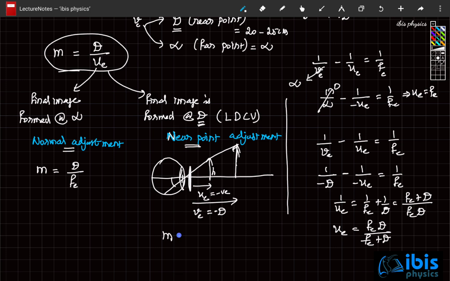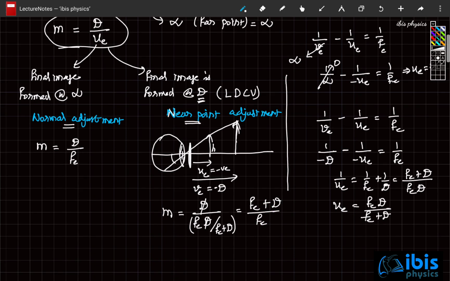Substituting FE into D by FE plus D for UE, this D and this D cancel, giving FE plus D by FE. FE by FE is 1, so magnification is equal to 1 plus D by FE.